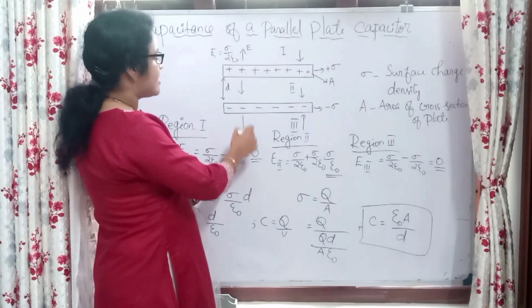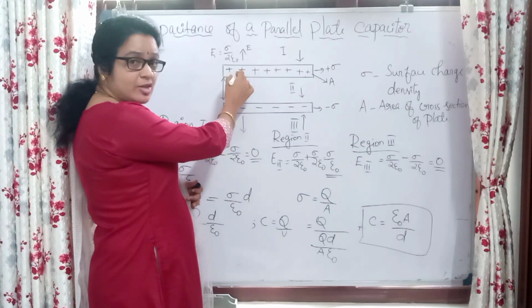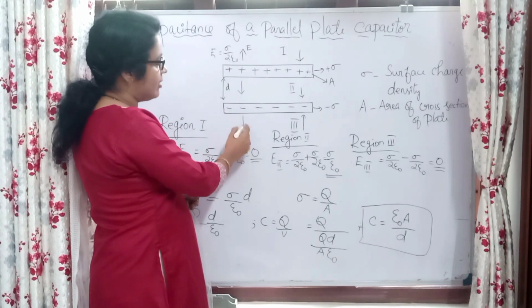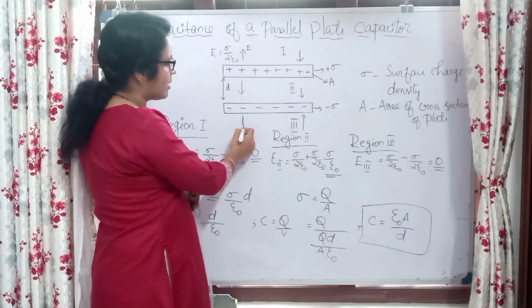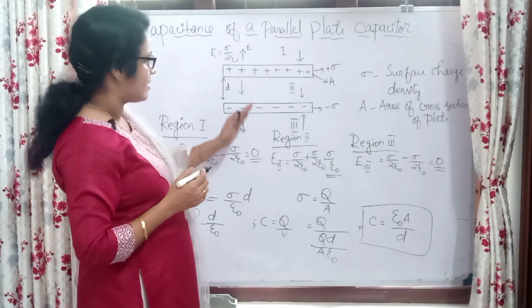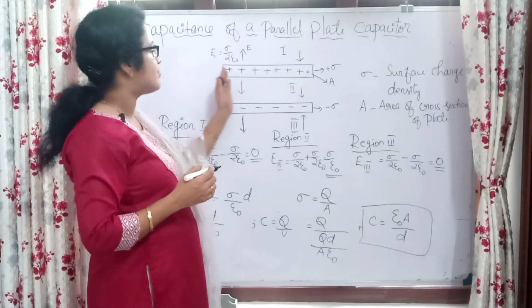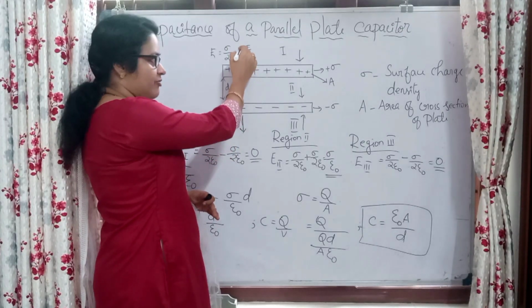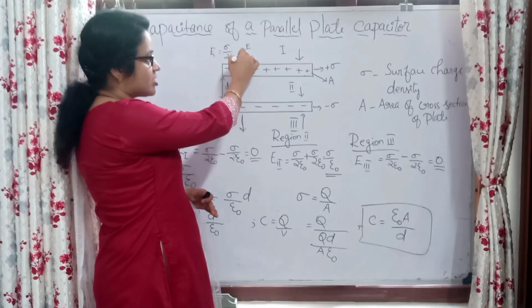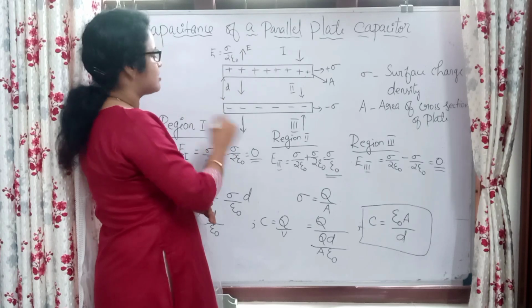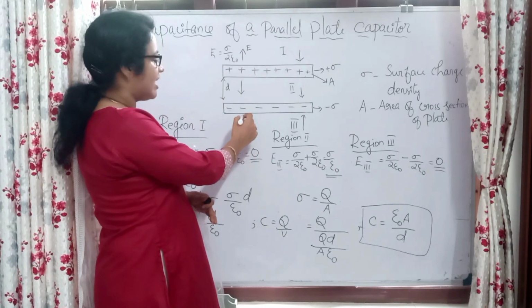And in this region also, due to this positive charge, the electric field direction will be away from it, so that will be coming downwards. Clear? So these three are the directions due to the positive charges, all moving away from the positive charge.